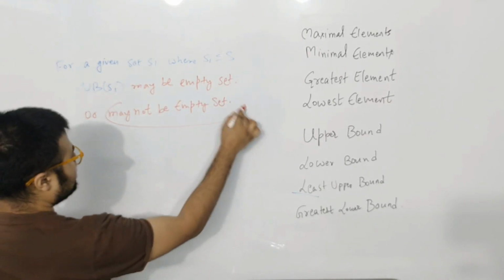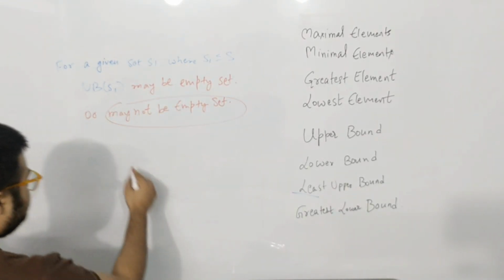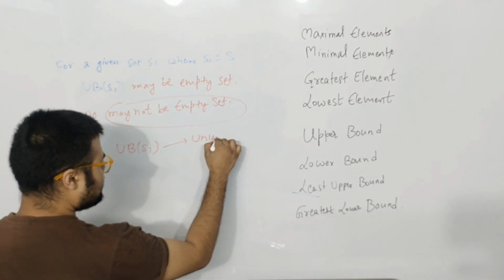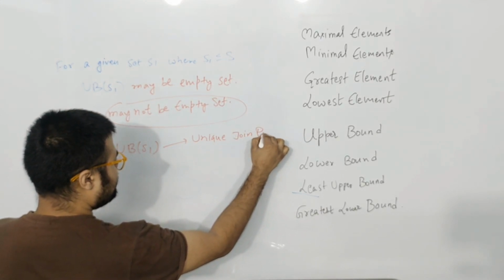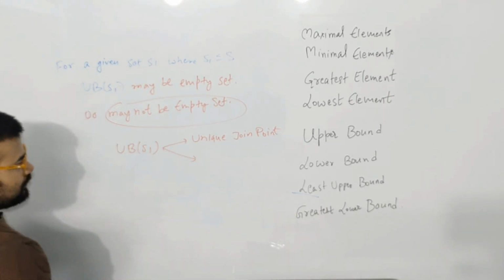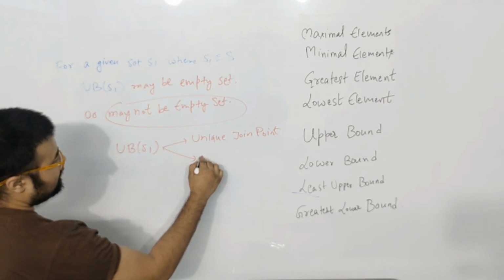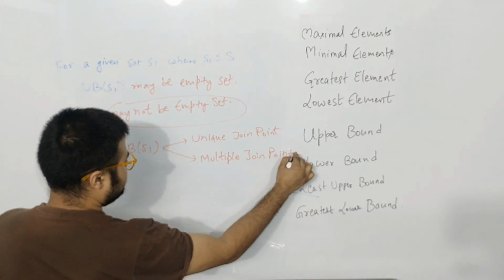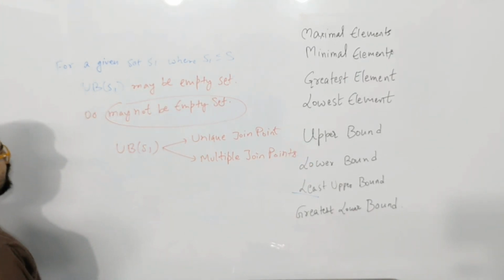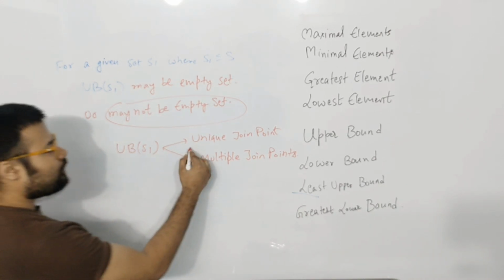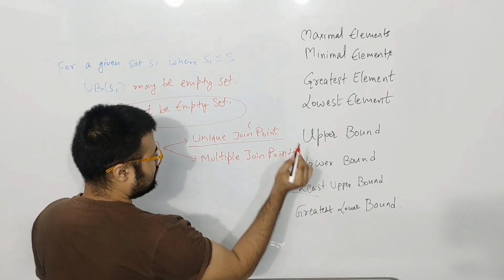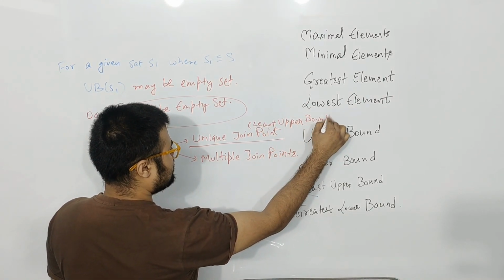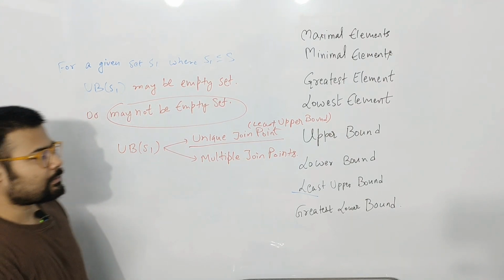Now, if it is not an empty set, then the upper bound of S1 may have a unique join point or multiple join points. If it is a unique join point, then this is also the least upper bound. And if there are multiple join points, then the least upper bound does not exist.